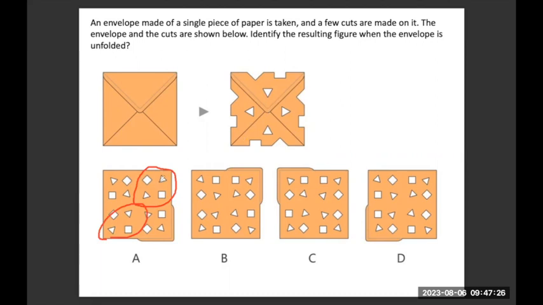Because if there is a triangle here, and the fold is happening along this axis, this triangle will have to look in this direction. Okay, thank you so much for answering. With option C also, the same condition is happening here, and the same condition is happening here. Again, not possible. Then I'm left with option B and option D.